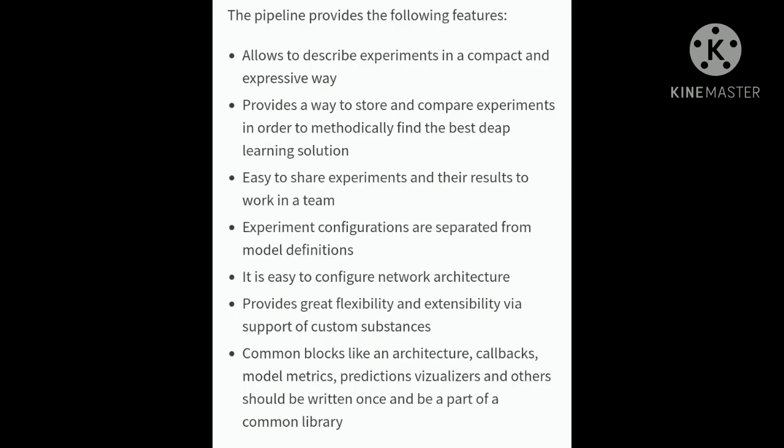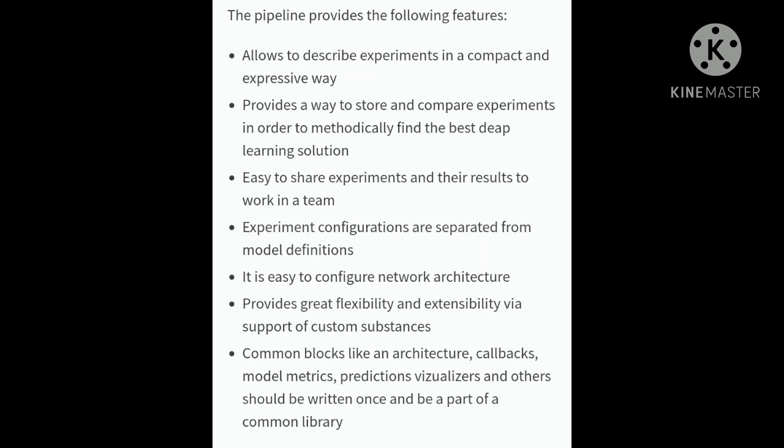The pipeline provides the following features: it allows describing experiments in a compact and expressive way, provides a way to store and compare experiments in order to methodologically find the best deep learning solution, and makes it easy to share experiments and their results to work in a team.